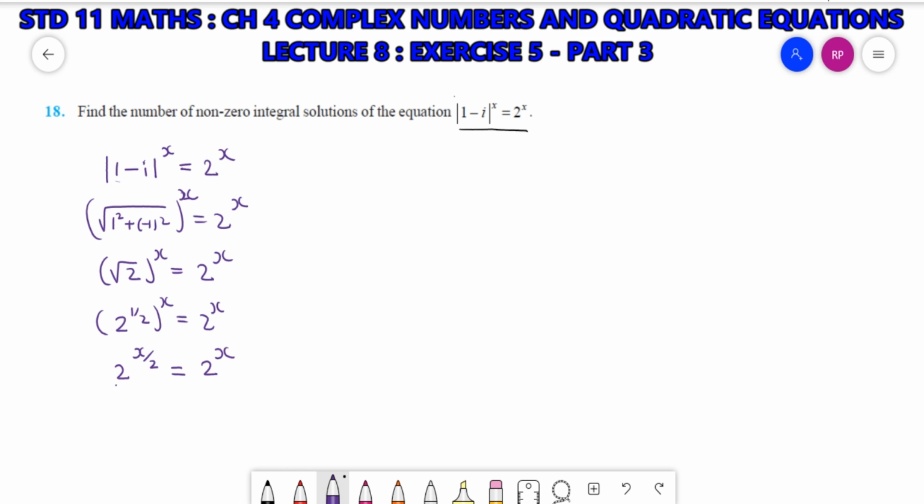Now the base is the same, so the power must be the same. Means x by 2 equals x, or x equals 2x. So 2x minus x is equal to 0. That means x is equal to 0. So the solution of this is x equal to 0.